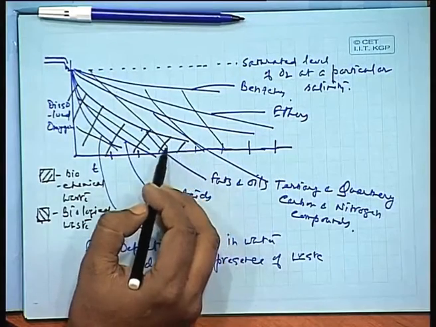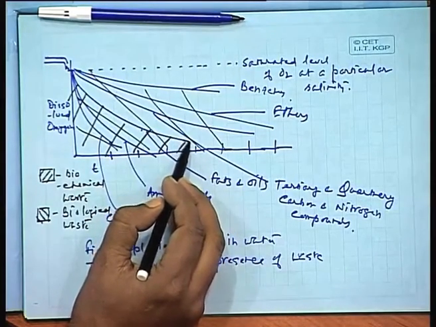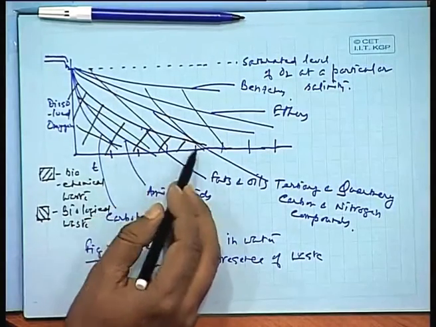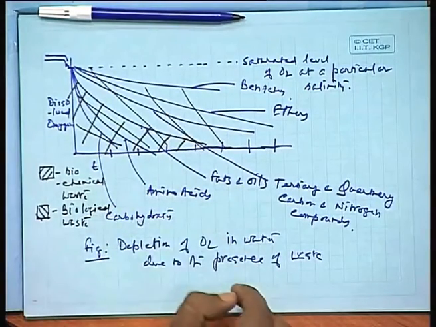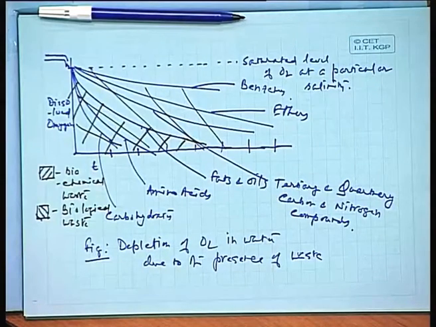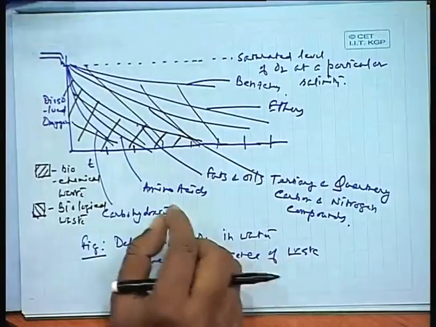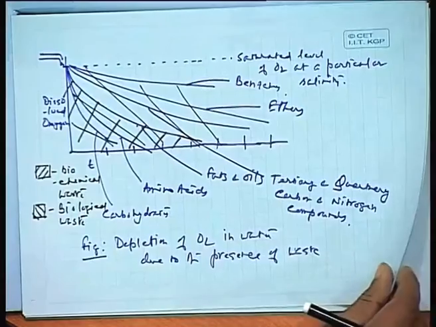If the concentration of waste is very heavy, the oxygen concentration in the water would go down to zero. So there would be almost no oxygen available in the water. This is one part that is of great significance for our study here.